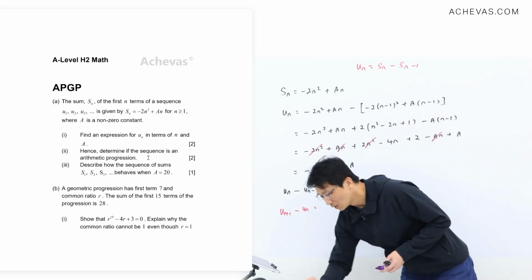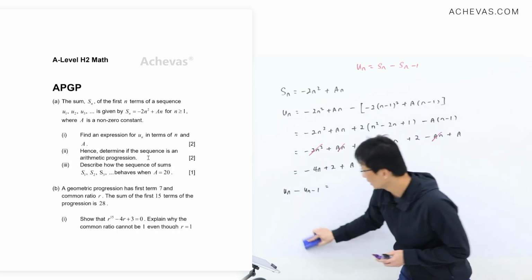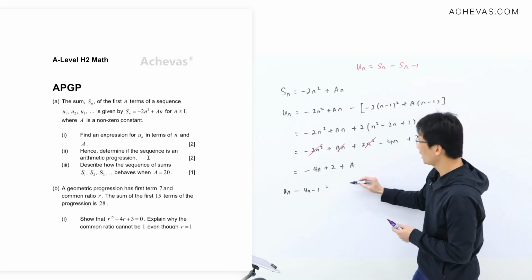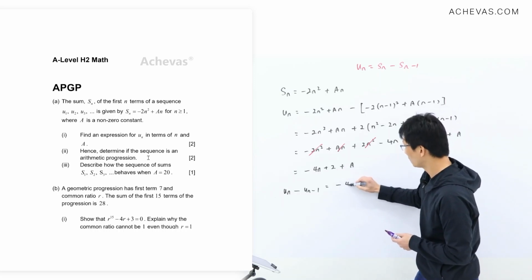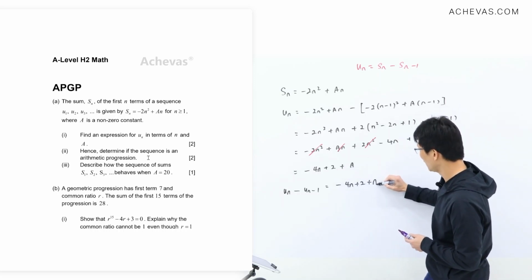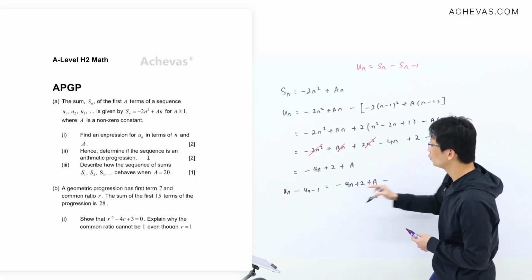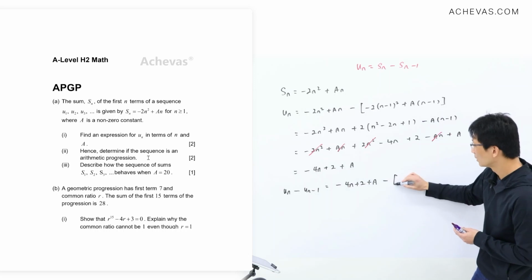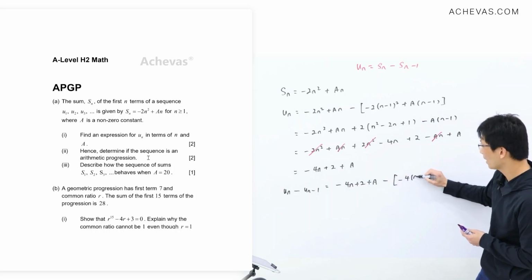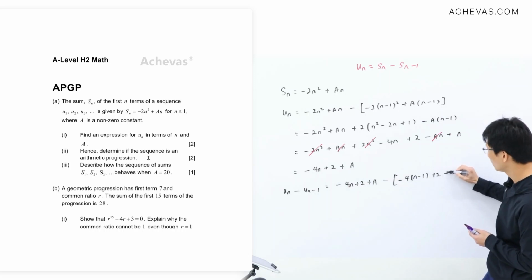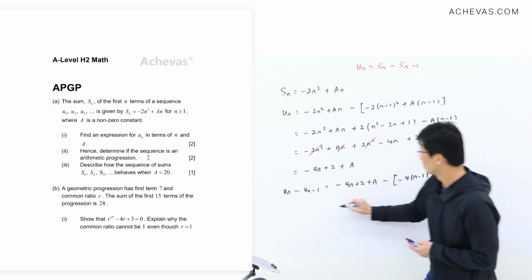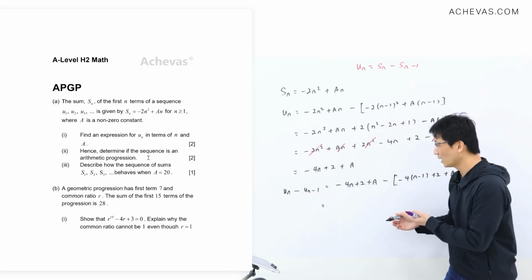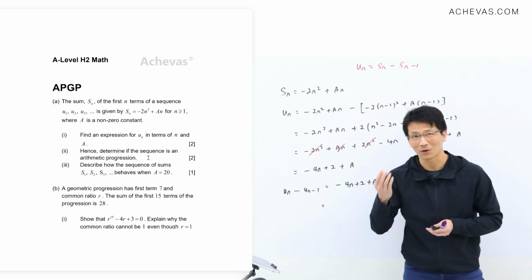Let's sub in our un and un minus 1. un will just be this, minus 4n plus 2 plus a. Minus away un minus 1, replacing all the n with n minus 1, so I get minus 4 times n minus 1 plus 2 plus a. Our objective here is to simplify it and make sure we are only left with a constant.